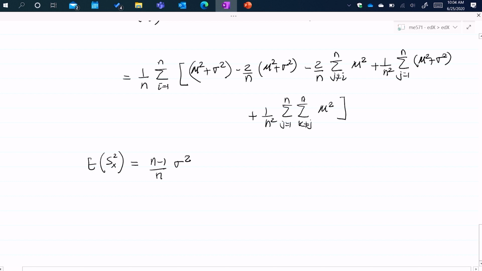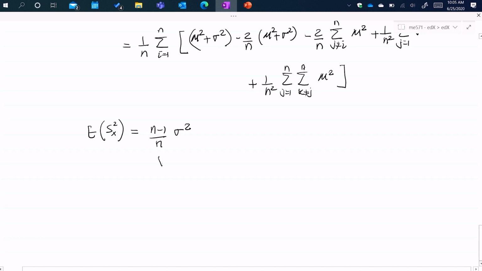And what this means is that our estimate of the variance that we calculated from the sample differs from the variance that you would have from the population by this n minus 1 by n factor.